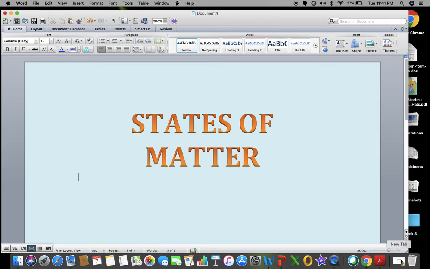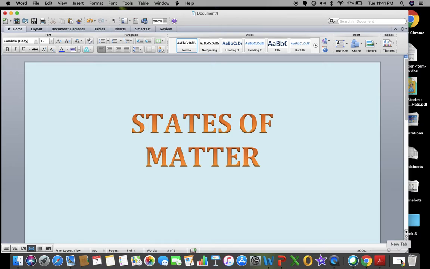Today we are going to pay more attention to how each state of matter is different from another, like how liquid is different to solid and how gas is different to liquid or solid and so on.